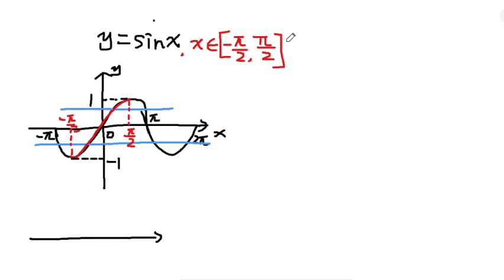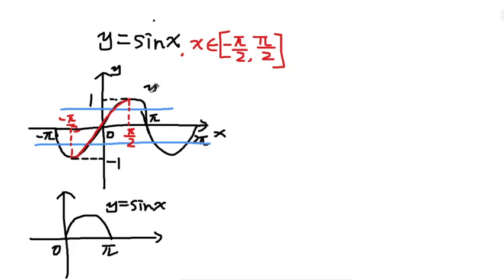You can check that the length of the interval is pi, but if you limit your domain from 0 to pi, it's not a one-to-one function, right?